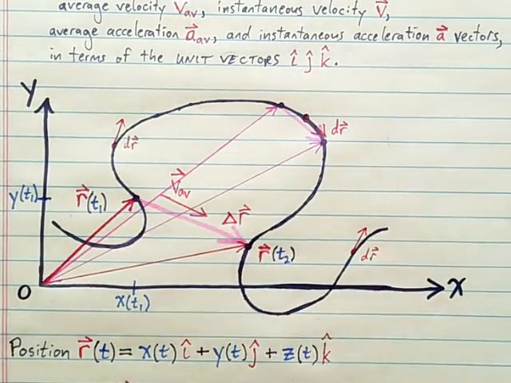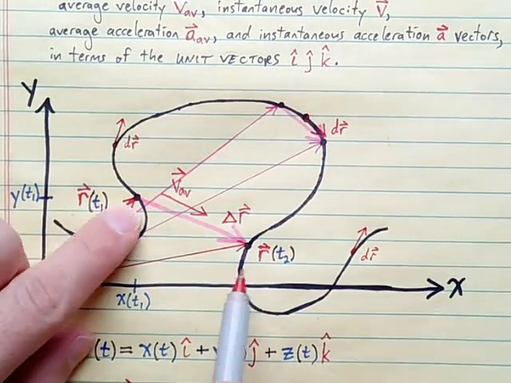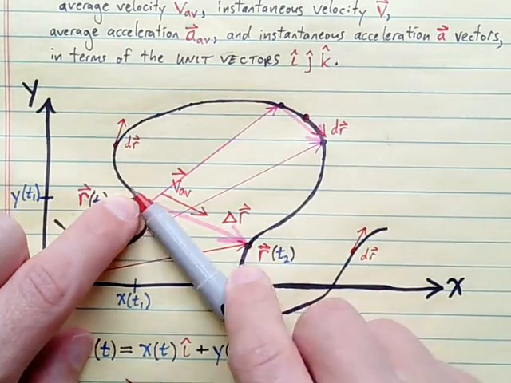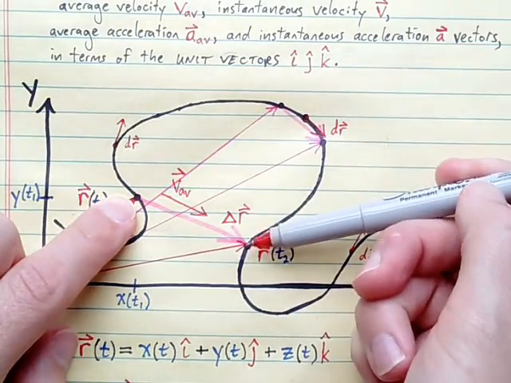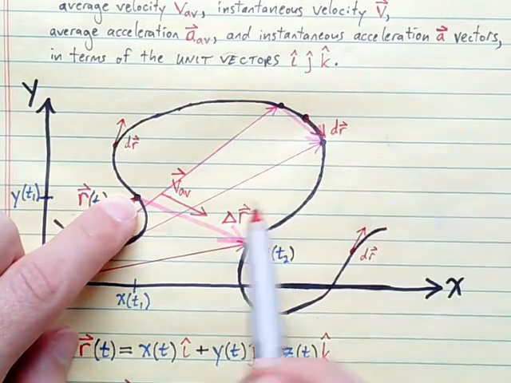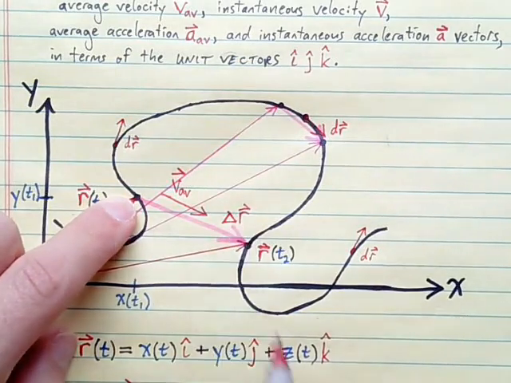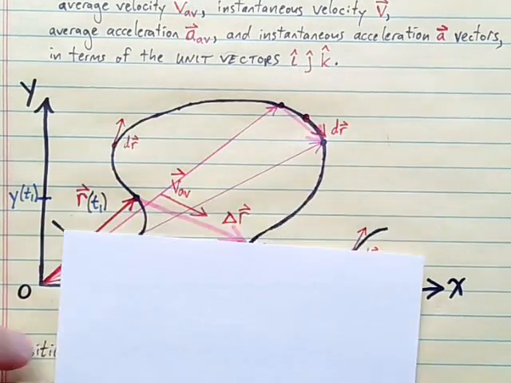So all those little drs all added up, say all the drs added up between this moment and that moment, all the drs added up from here around to there, the sum of all those drs would make this big delta r right there. Let me suggest graphically how that works.